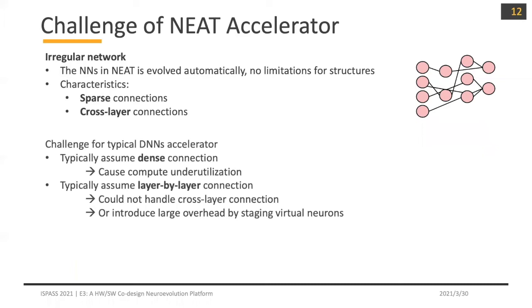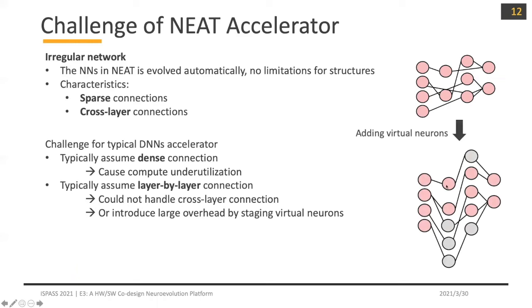It will put some challenge to the typical DNN accelerator. Some DNN accelerators assume dense connection, which causes compute underutilization. Some DNN accelerators assume layer-by-layer connection, so they could not handle the cross-layer connection, or would introduce large overhead by staging virtual neurons to make it layer by layer.